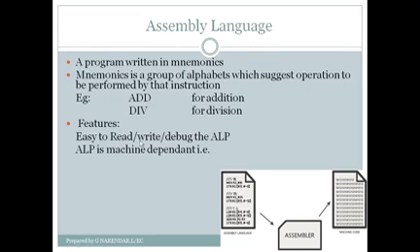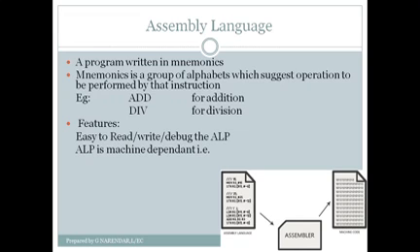And like machine language, assembly language instructions, so ALP here stands for assembly language program, a sequence of instructions written using assembly language, are also machine dependent. That means the program written for one microcontroller will not be executed by a different microcontroller. The program is specific to the particular machine for which we have written the instructions.